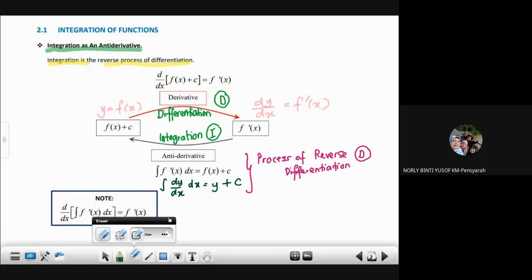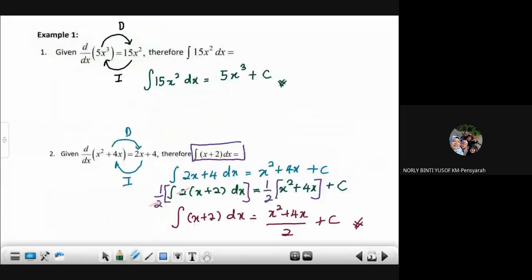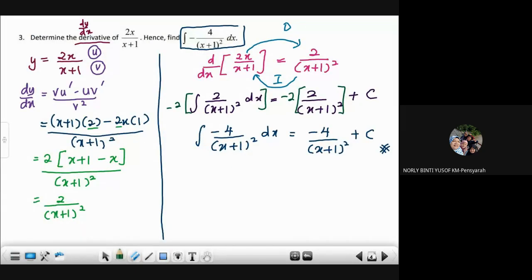Tapi kita jaranglah tengok ni. Cuma just note to you tahu. Ni pun I already explain already. So hopefully tahulah the process of differentiation.